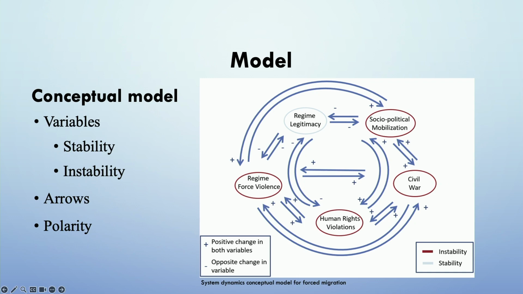If you have increased regime forced violence, there's going to be increased human rights violations. Or if you have increased civil war, there's going to be increased human rights violations, potentially. If you have a regime legitimacy that increases, that's going to hopefully have a decrease in the regime forced violence. Okay, so this is just a causal loop diagram.